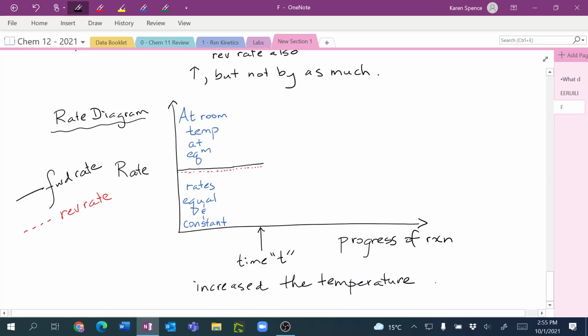It increased. What happened to our reverse rate? It also increased. The same amount? No, not as much.